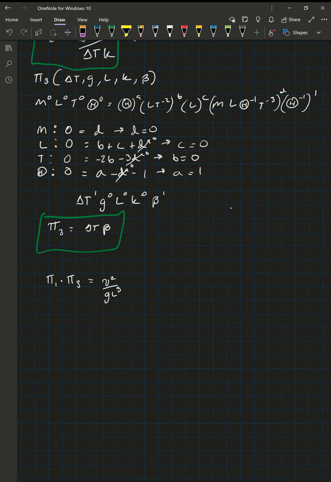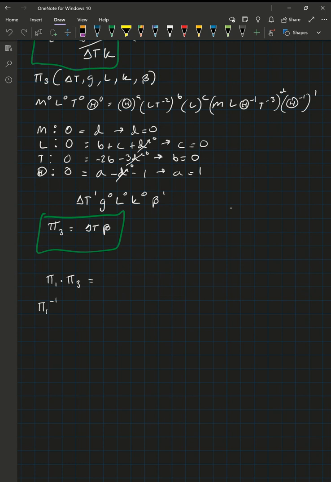I'm going to flip it, or essentially raise pi 1 to the negative 1. And that's okay to do, because even if I flip this over and I have GL cubed over nu squared, that's still a dimensionless quantity. It still represents the same dimensionless group. So it's okay to go ahead and do that.